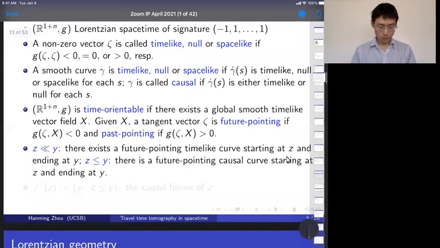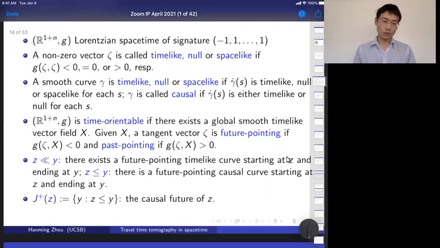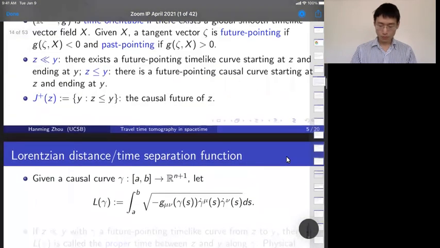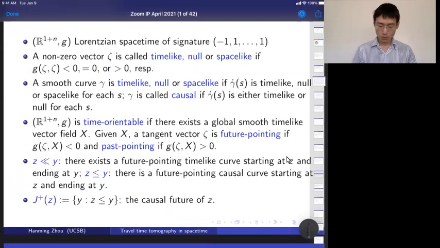We use the notation J plus of z to denote the causal future of z, so it contains all the points y that are in the causal future of this point z. In the Minkowski metric, it basically contains the future part of the light cone of this point.